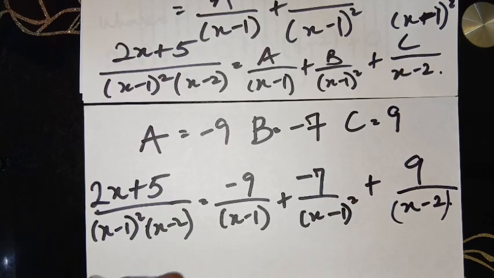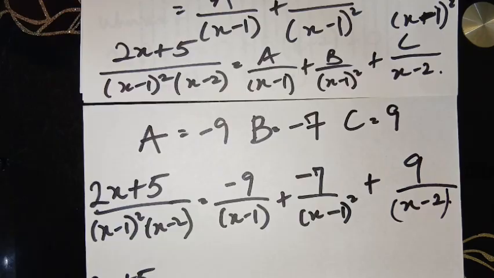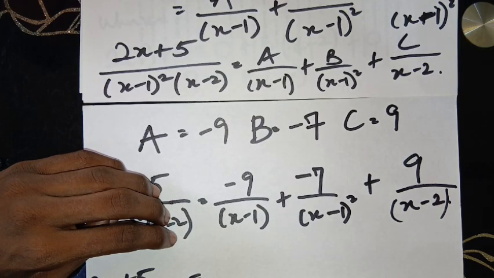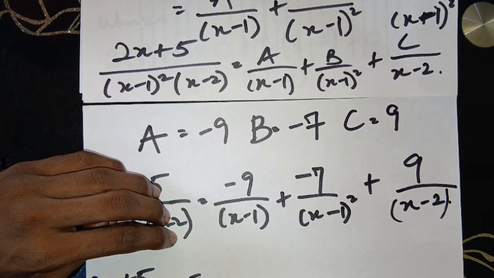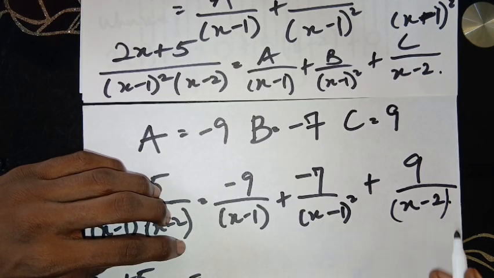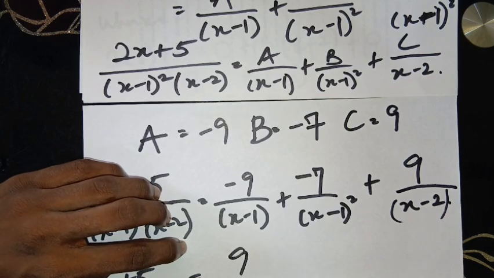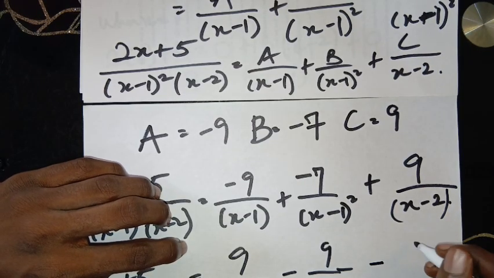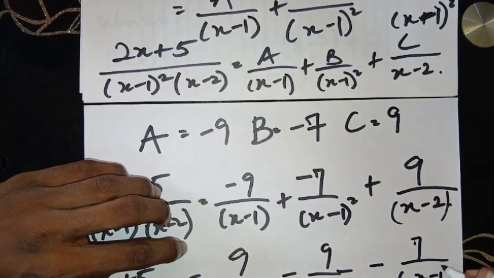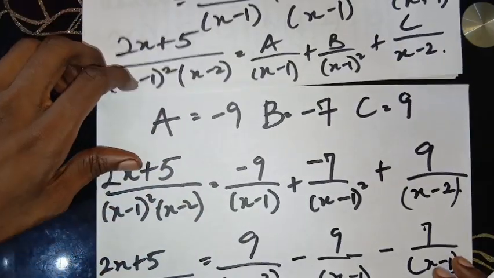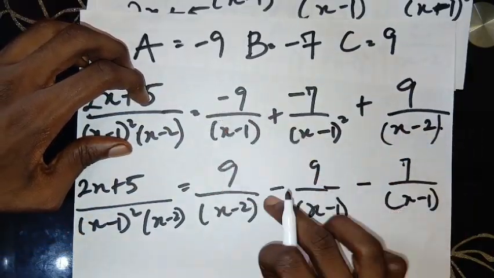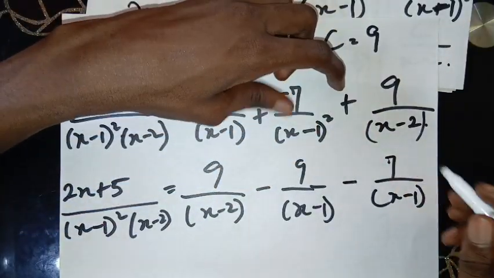Instead of writing it like this, you can just make this first: x minus 2, then minus 9, then minus 7. So just to make it look cool. Can you see? Sorry, just writing this again. Bring this here, then make this here. So the minus will be minus b here.